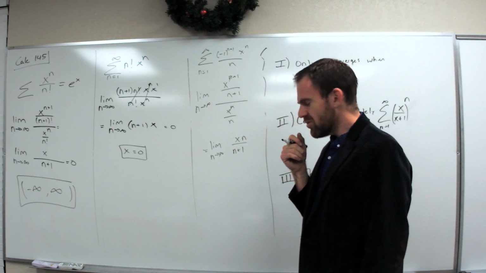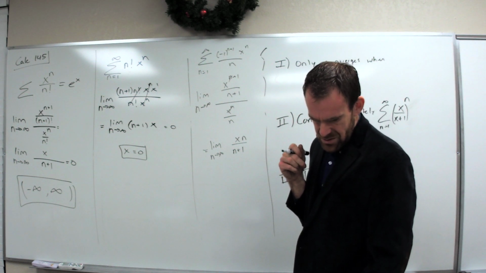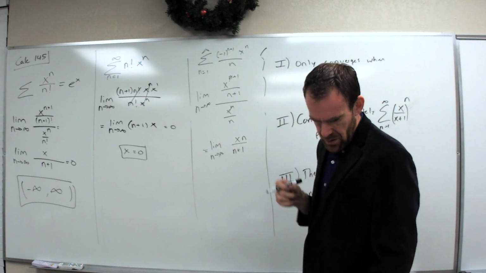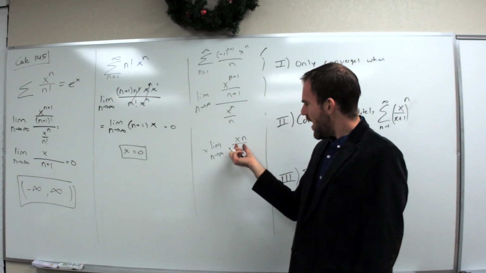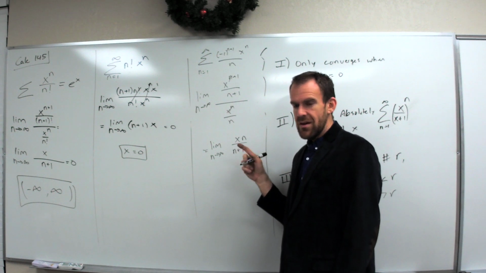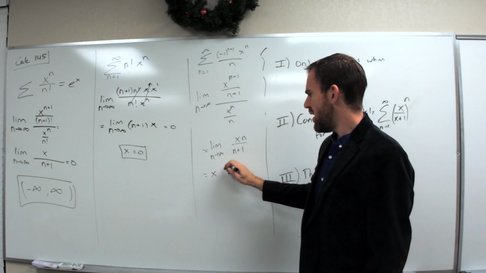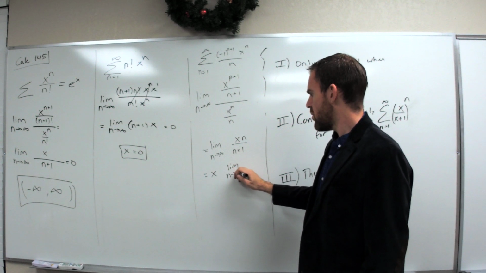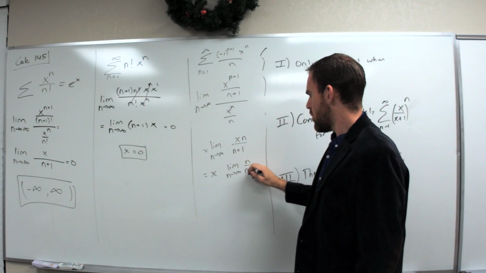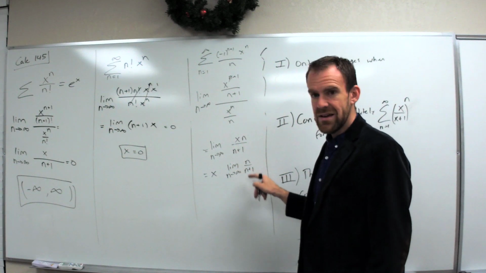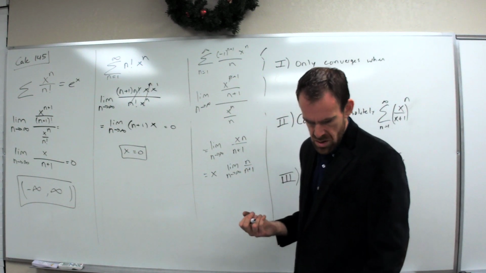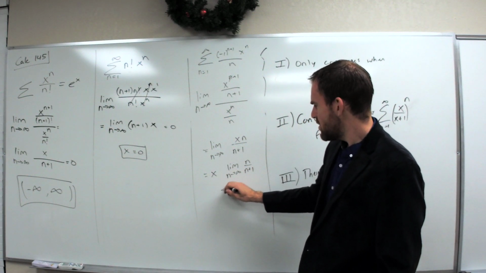How do I get this to equal 0? A little bit tricky here. Our x value is not a factor of the limit, so I can actually pull it out. This guy equals 1. So this simply equals x.